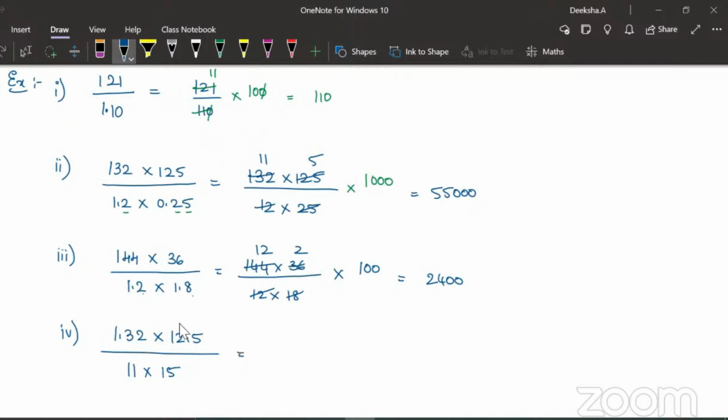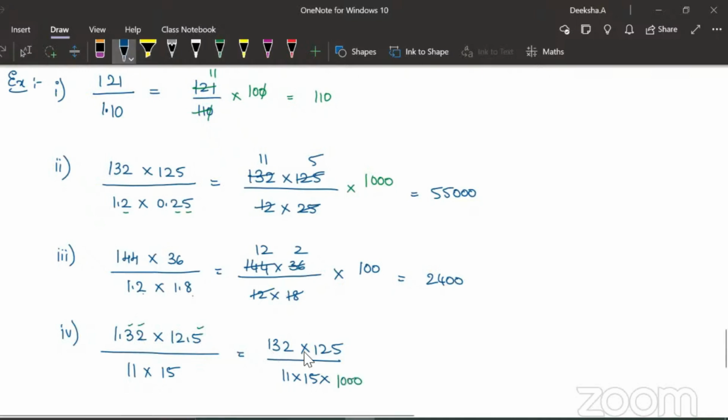Same way as before, rewrite it without decimal numbers. 132 into 125 divided by 11 into 15. Now, decimal numbers are there in the numerator, right? So balancing factor is written in the denominator, 1 followed by count number of digits after decimal point in the numerator. We have 1, 2, 3. So write 3 zeros here.